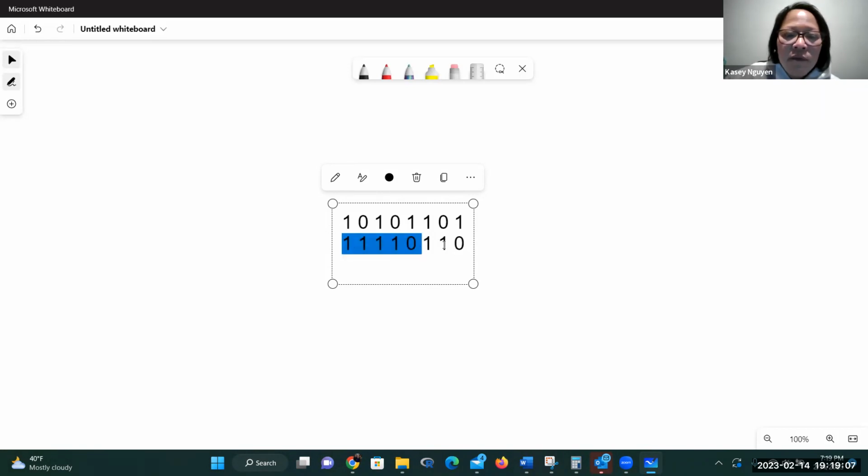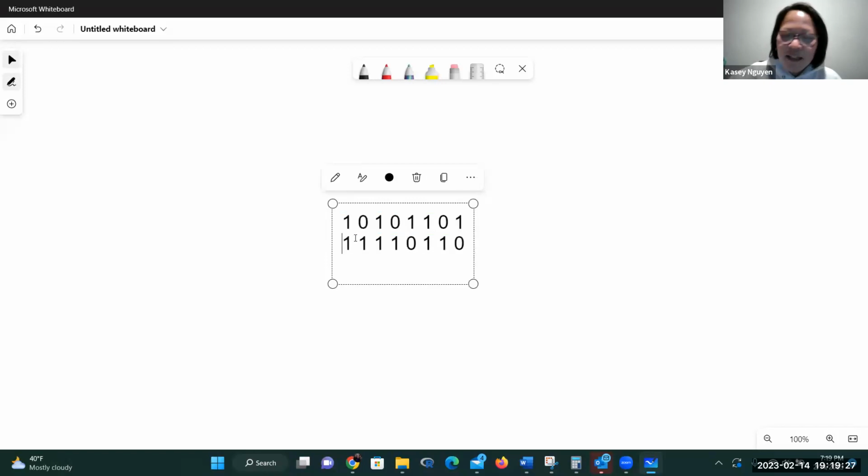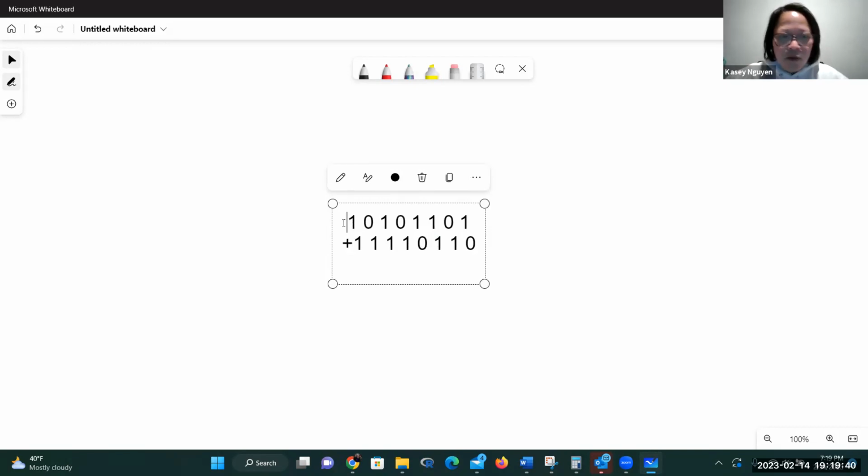And let me see if I can underline this real quick. It didn't like that. All right. Sorry, I just want to make sure it's lined up so it's easy to see.